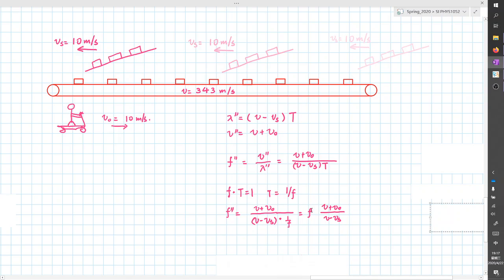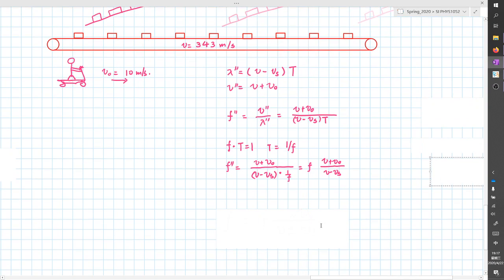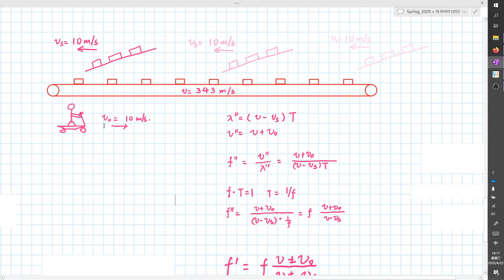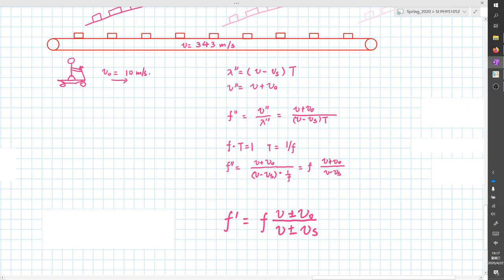We get f prime equals f times v plus v observer over v minus v source. This is almost the same as the equation we started the video with, except for the plus and minus signs. That's because I chose very specific directions for the observer and the source. In general, they can move left to right, whatever they want, and we will have the same plus or minus choice to make in the most general case.